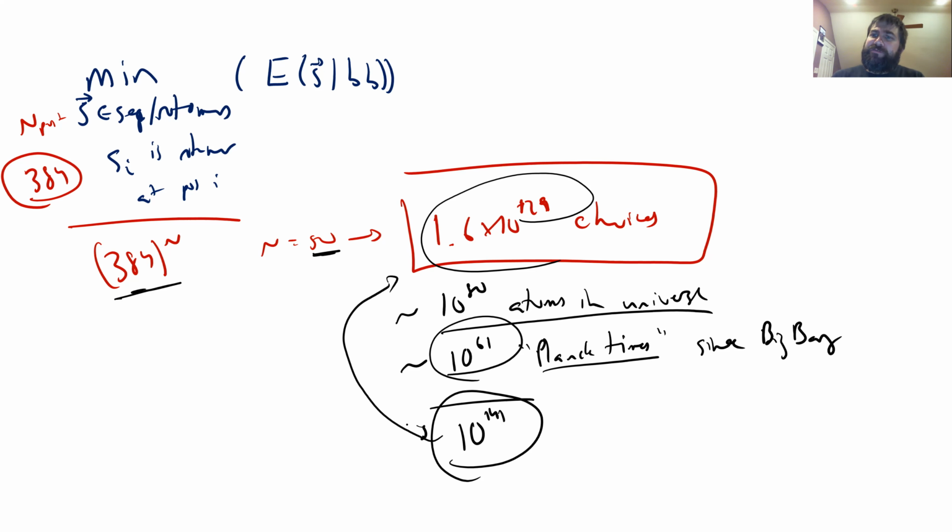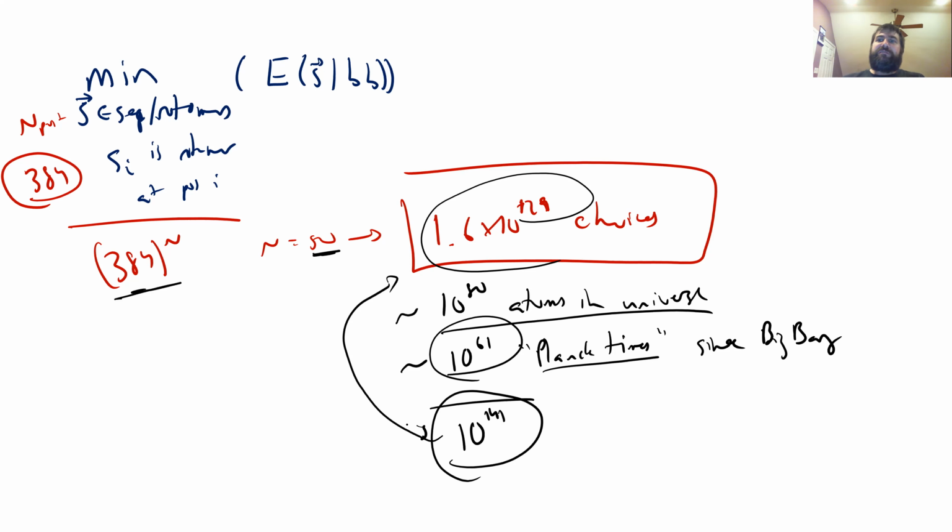So what we're saying is that for a small protein, the protein design problem, when we discretize it in this form, gives us a search space that's comparable to counting every atom of the universe every Planck time since the dawn of the universe. Right? This is a problem where enumeration isn't just hard.